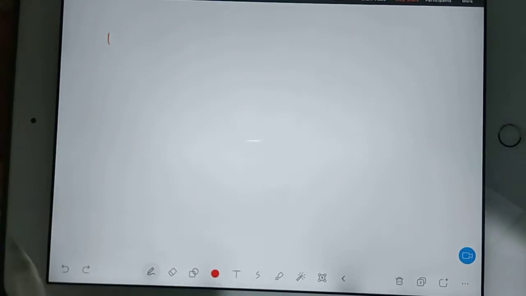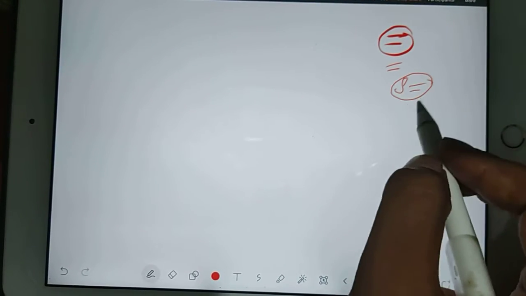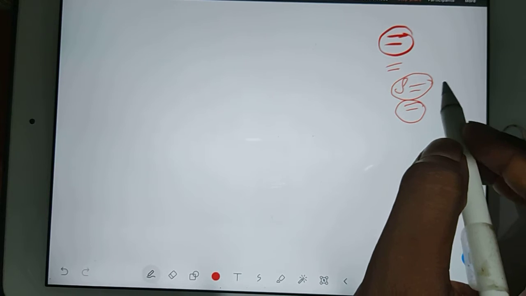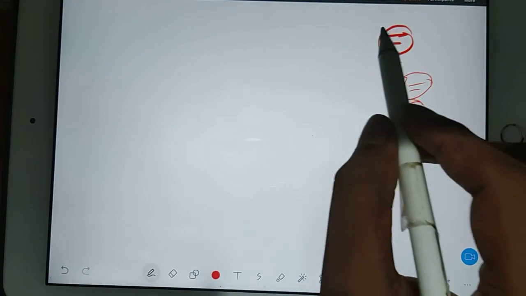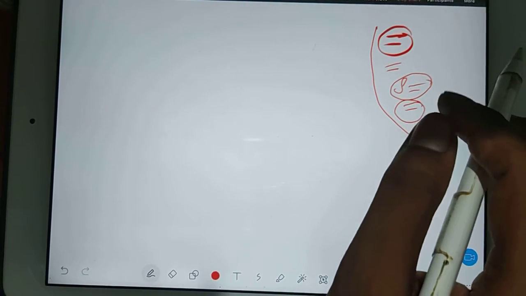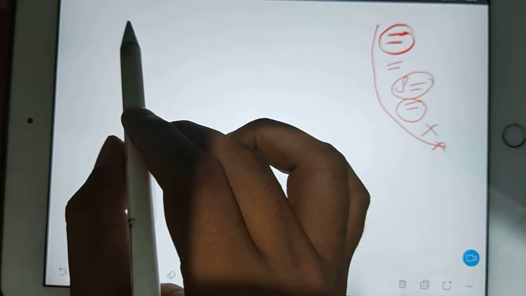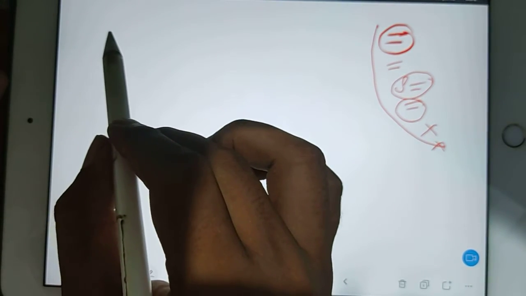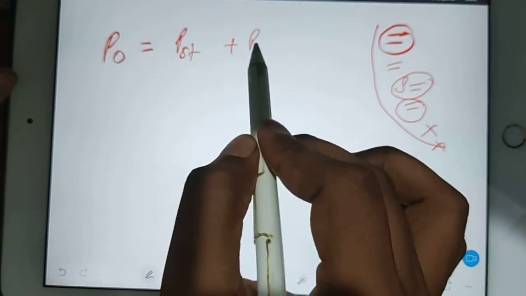Right now, whatever topic we are discussing, in that we are discussing steady flow. So if your flow is steady, then your density will not change with time. It means we cannot discuss compressible flow here. So our flow is incompressible right now in this topic. So because flow is incompressible, you have the Bernoulli equation. Bernoulli equation says total pressure P naught is equal to static pressure plus dynamic pressure.